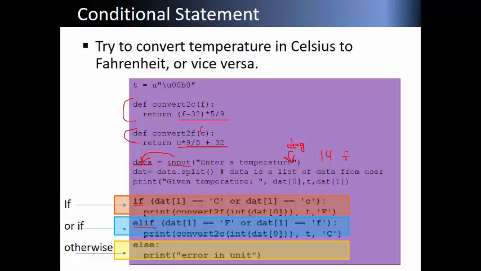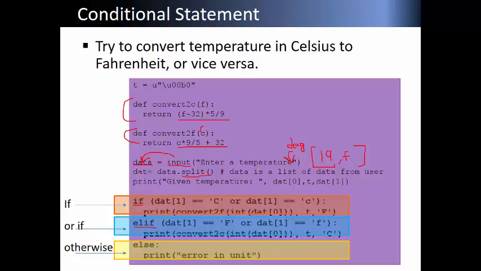But supposedly the user entered 19 and F. There is a space. Then you want to split based on what? Based on nothing, meaning based on white space. So I want to split the two values the user entered together, but there is a space, 19 space F. Then we want to take it into a list, 19 and F.